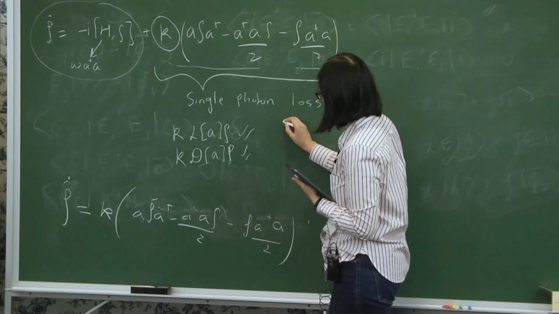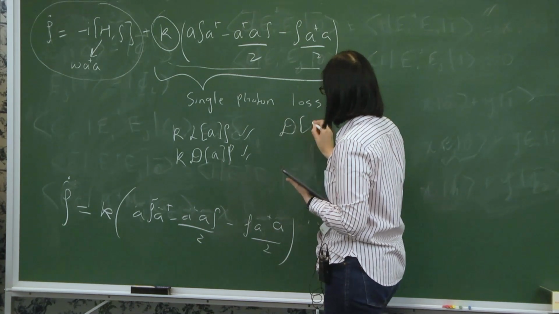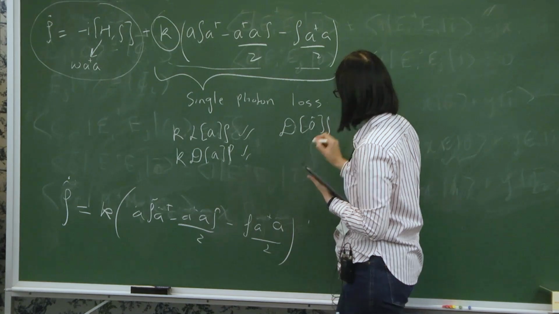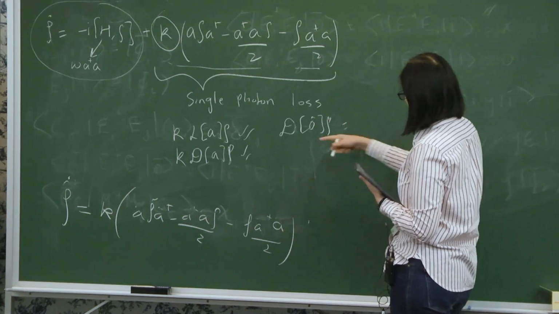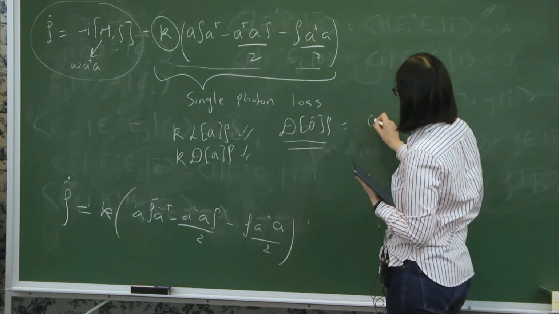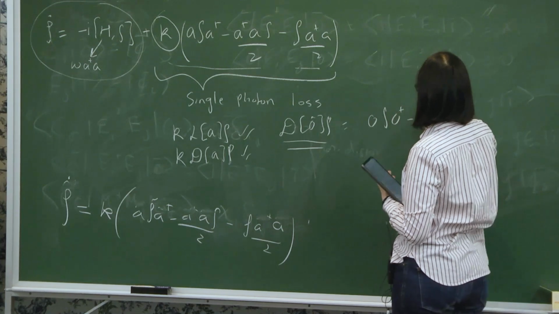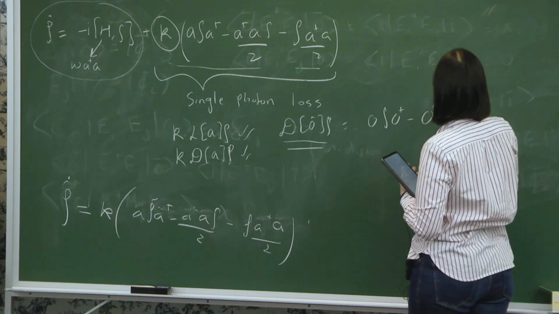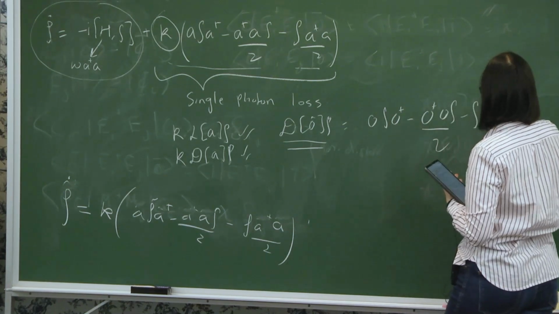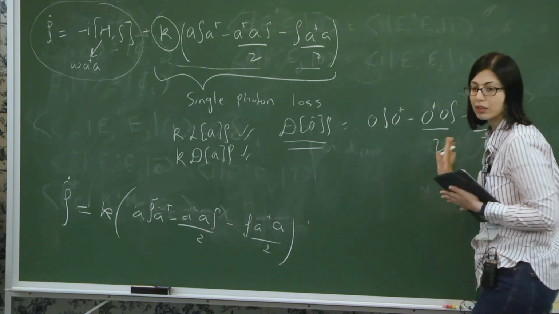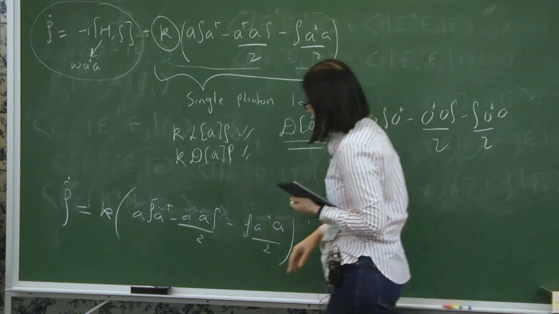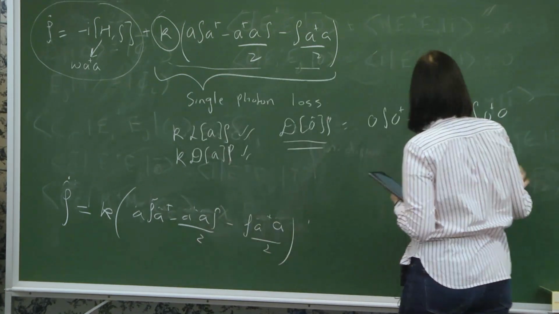For any system, you might want to write D of some operator O acting on rho, which means O rho O dagger minus O dagger O rho by 2 minus rho O dagger O by 2. That's it.